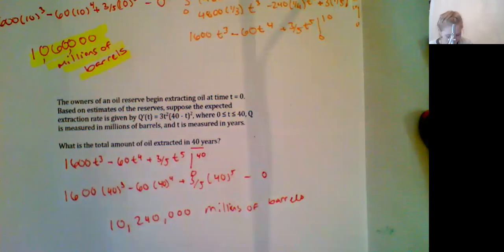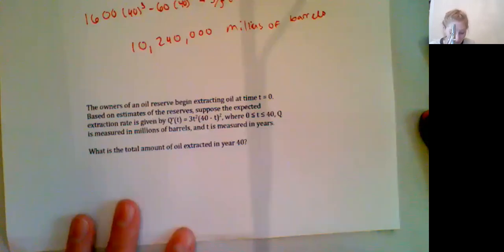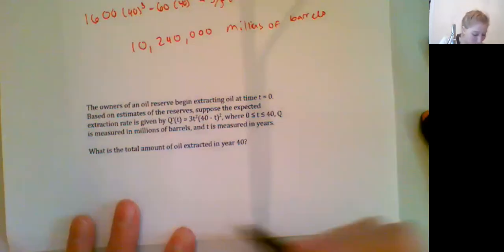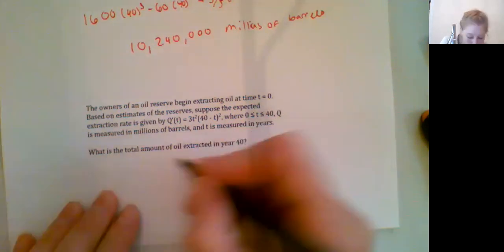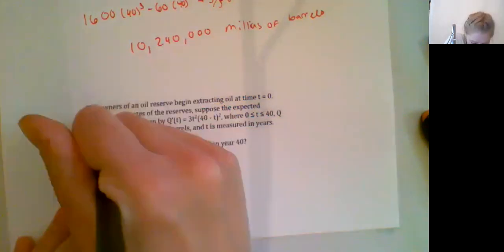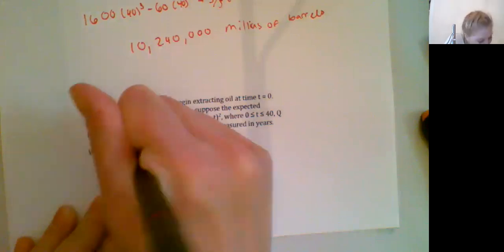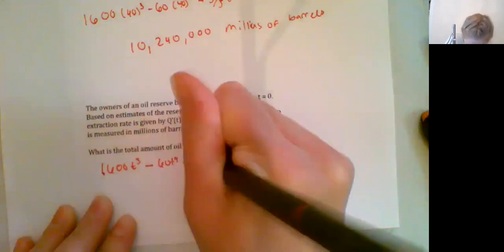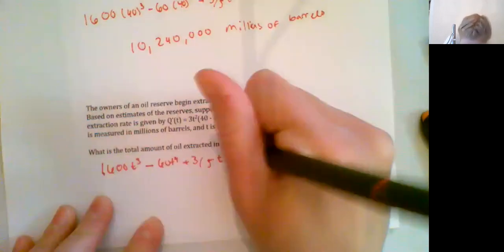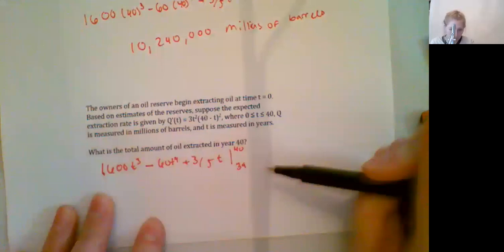Now this next one is a good one. It just wants year 40. So what we're actually going to do is evaluate this at 40 and 39, because then we get what happened in year 40.